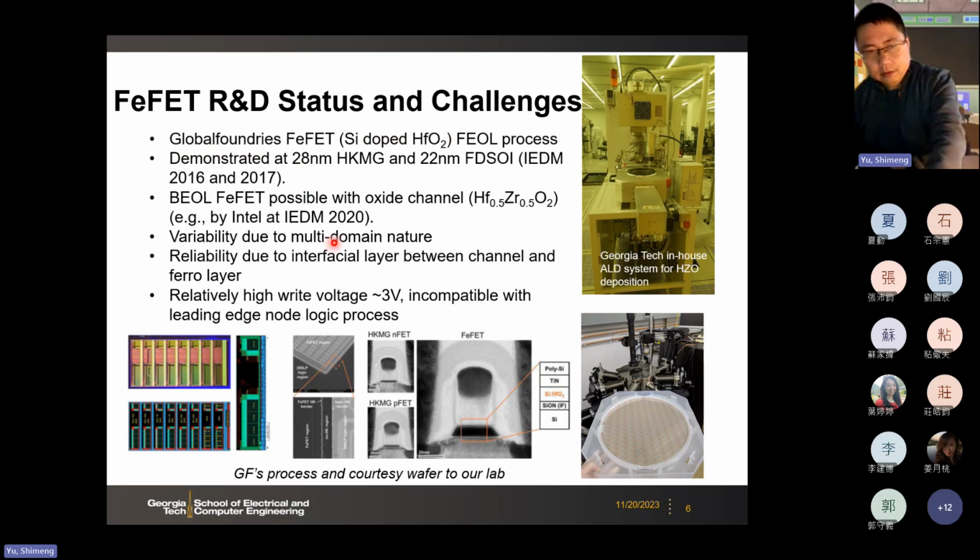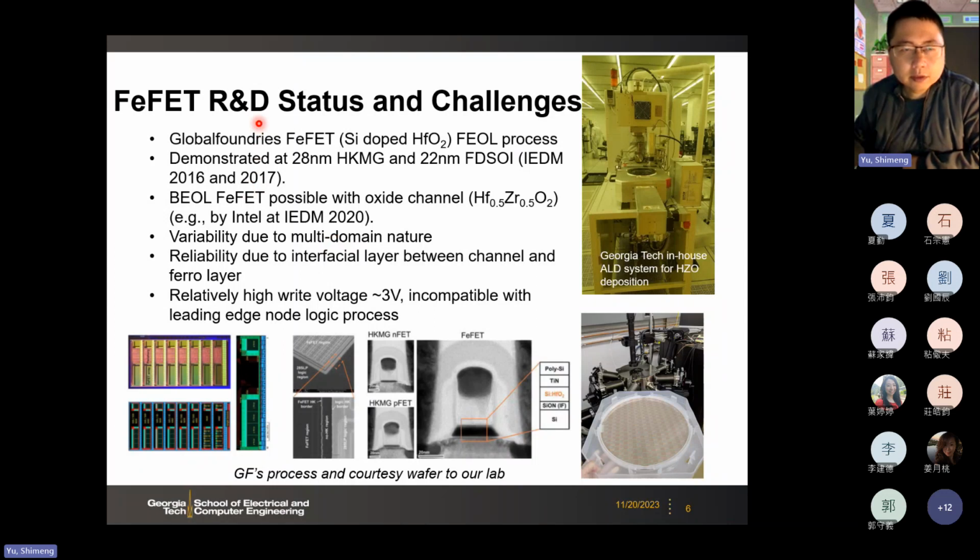Okay, so for the ferroelectric field effect transistor, here is the status of industry development. GlobalFoundries has a partnership with the NaMLab who discovered this ferro initially, so they have licensed the technology.